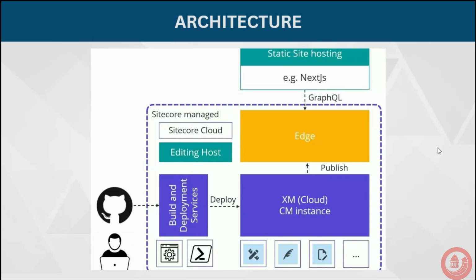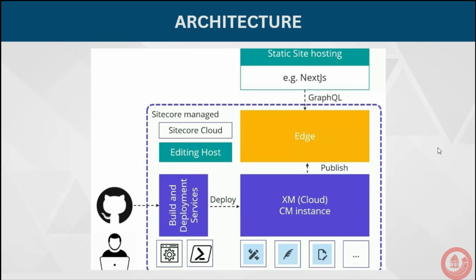So how it works is the request comes into your Vercel or Netlify or any other platform which you're using, and then they in turn write GraphQL queries on the edge endpoint, which fetches the data from Sitecore. So I think that's a high level picture of how things work in XM Cloud. Nikita, you can continue from here.